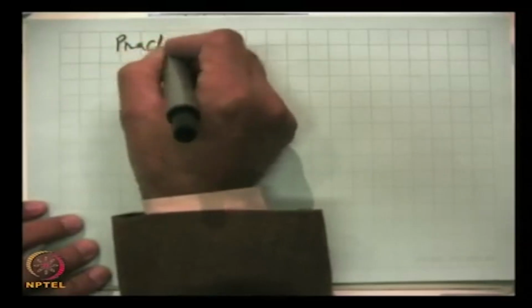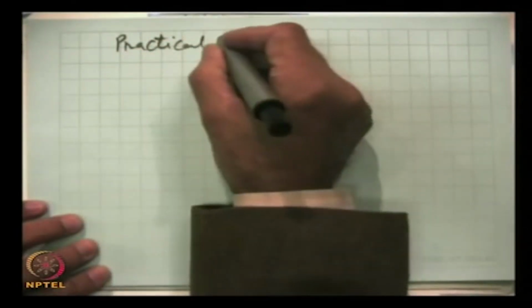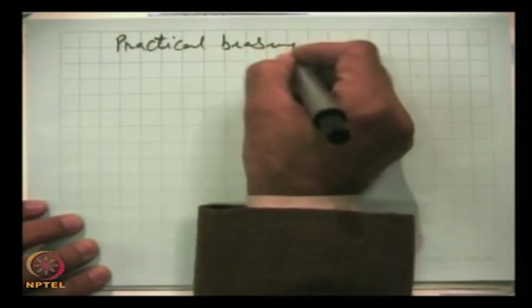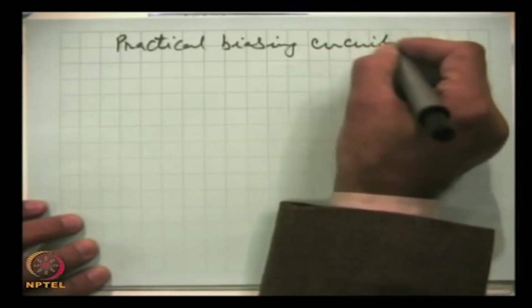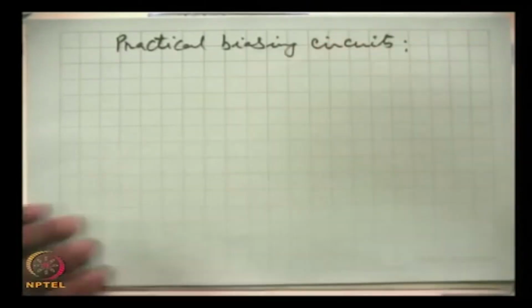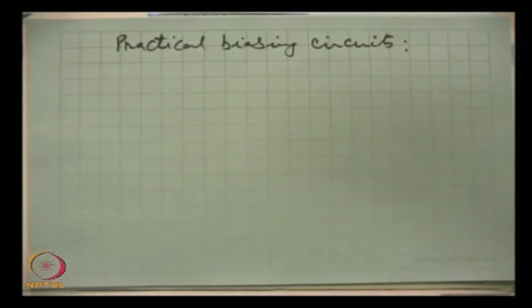So, what are the practical circuits which are used, and that we will be considering. Practical biasing circuits, there are three circuits.